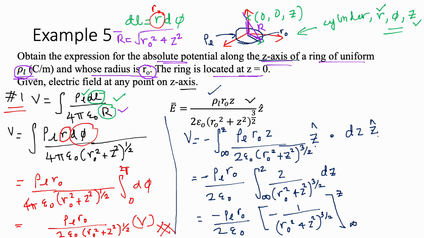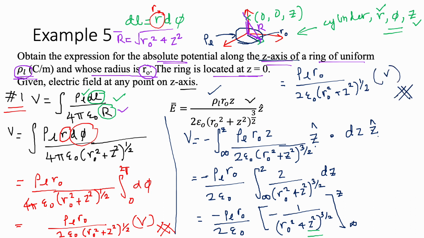So if we substitute inside the z here, you will get your final answer to be rho L r naught over 2 epsilon naught, r naught squared plus z squared to the 1 over 2, volts.